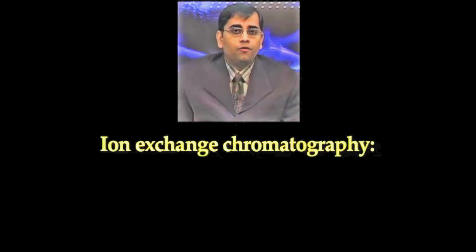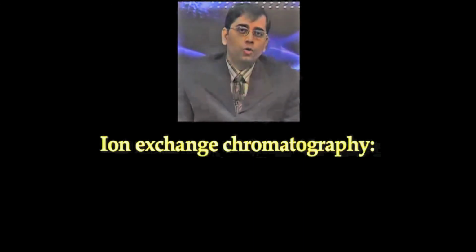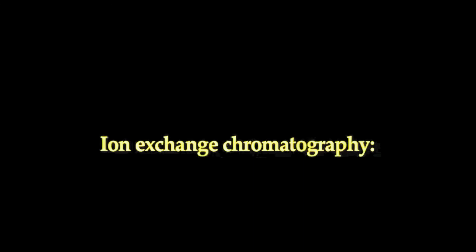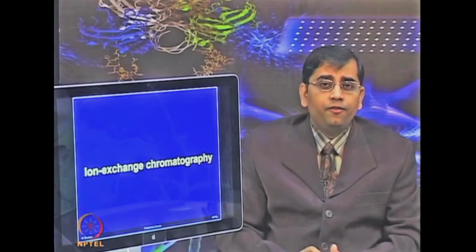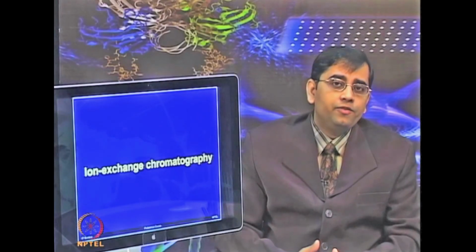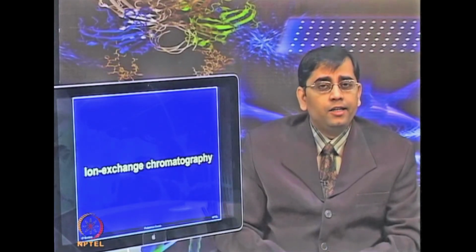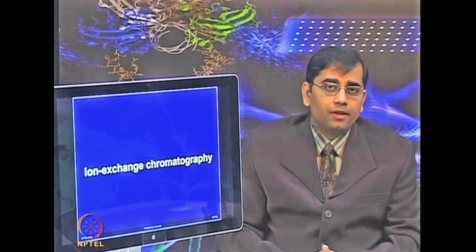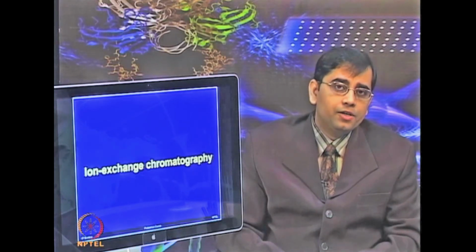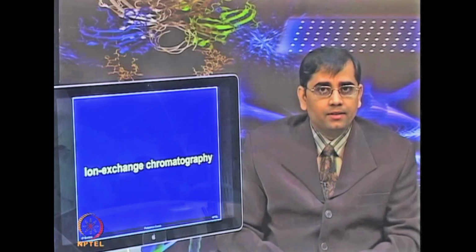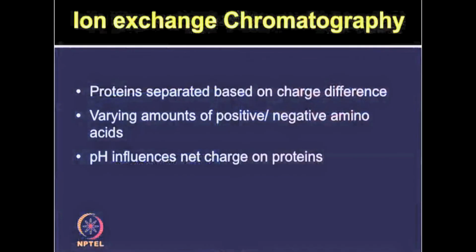This is one of the most versatile chromatographic separation methods, which relies on differences between the number of charges and distribution of charge groups in defined pH and solvent conditions. In ion exchange chromatography, the proteins are separated based on charge difference.